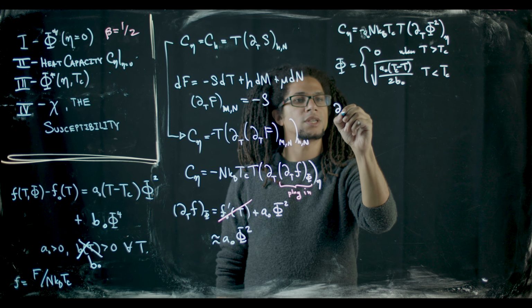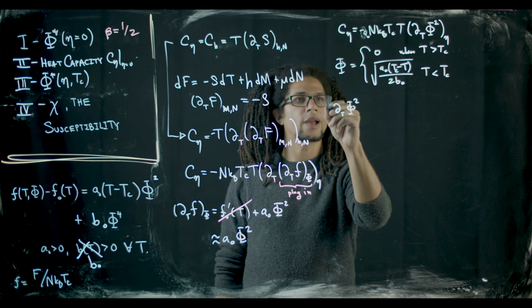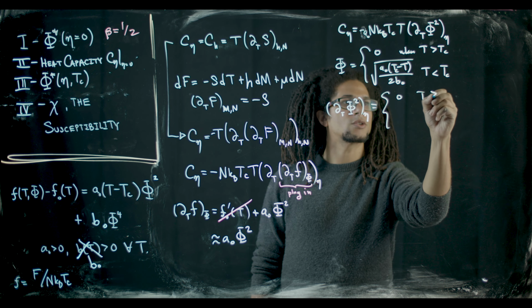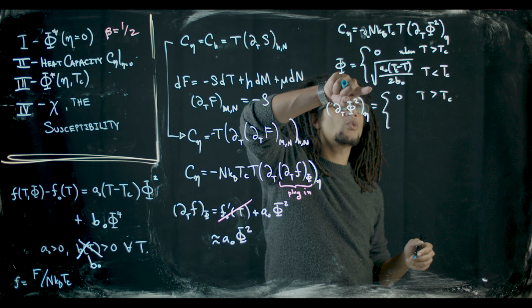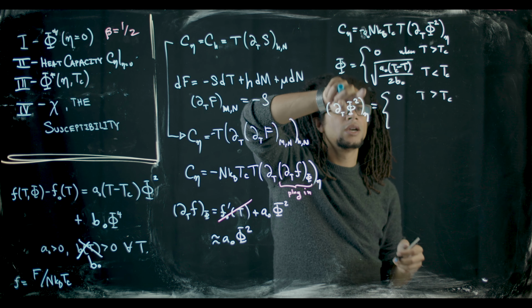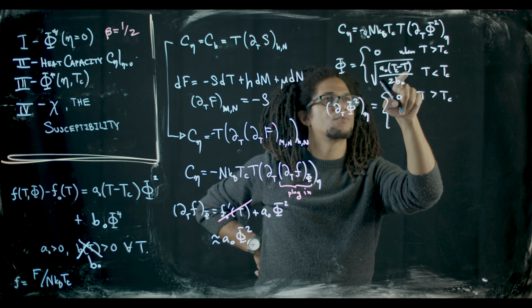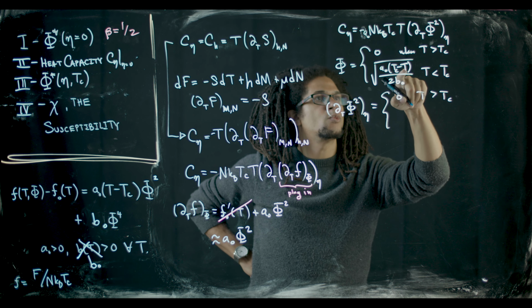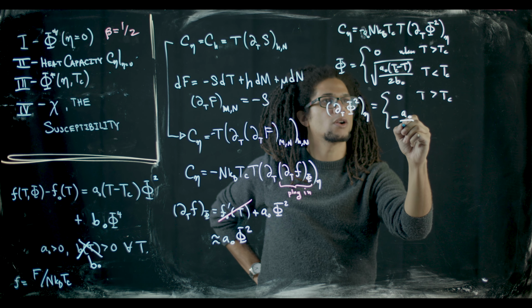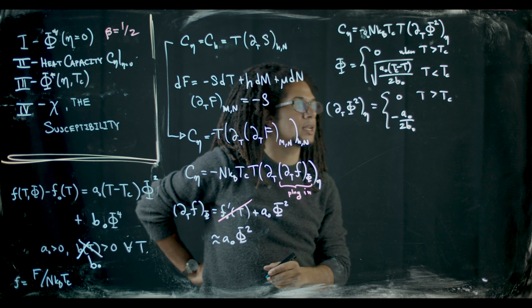So partial T of phi squared, fixing eta, is then equal to 0 for T greater than T_c. Now if we square this and then take a derivative with respect to T, we have a minus T here, so we get minus a_0 over 2b_0 in this case.